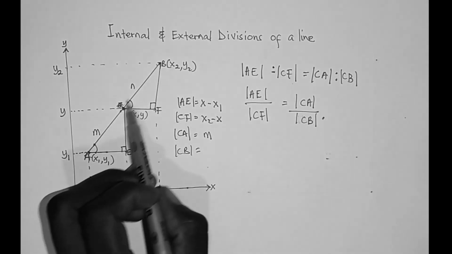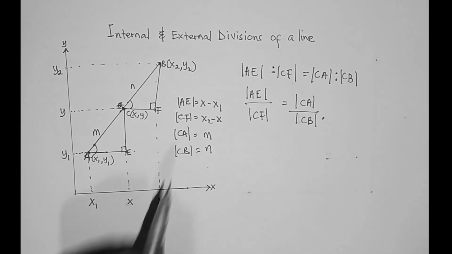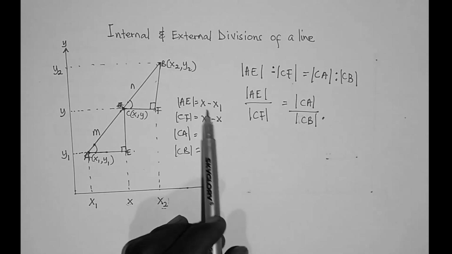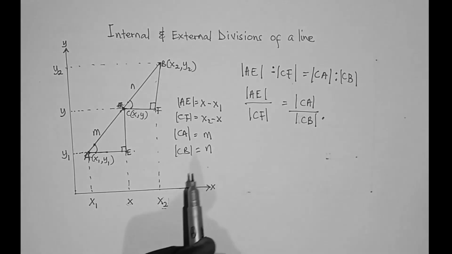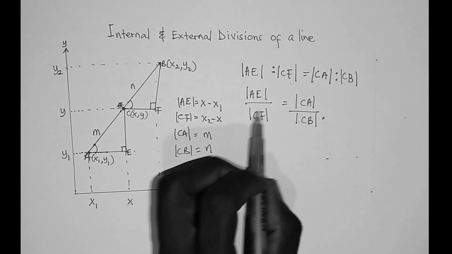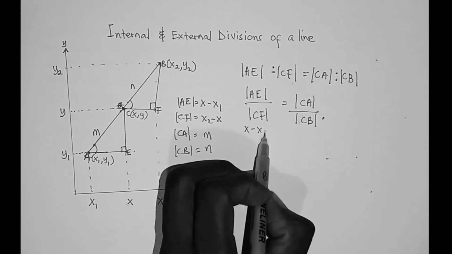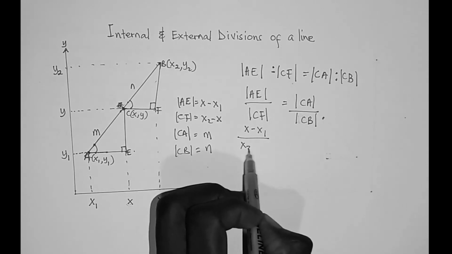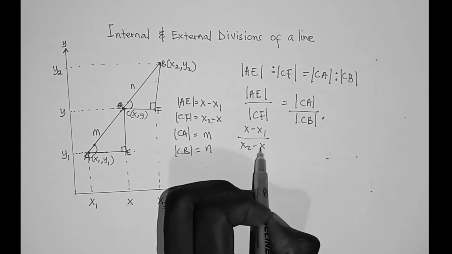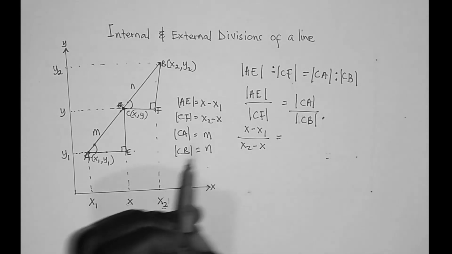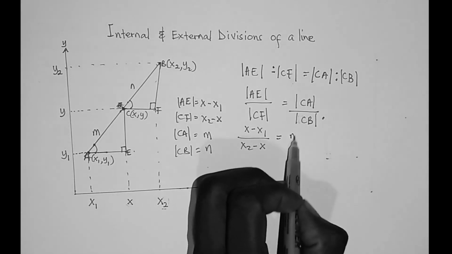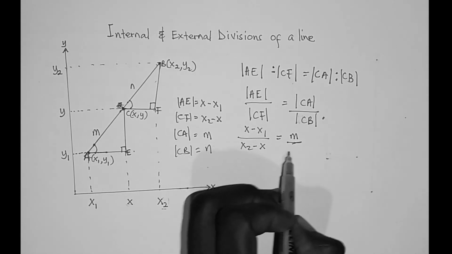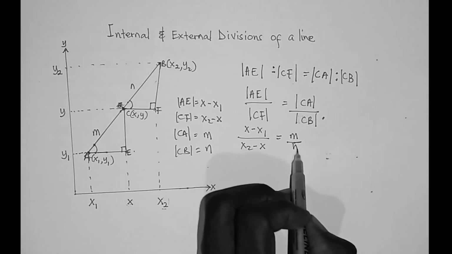The length between C and B is n. So let's go ahead and insert all of these values into this equation. So AE is x minus x1, divided by CF, which is x2 minus x, equals CA, which is m, divided by CB, and CB is n.